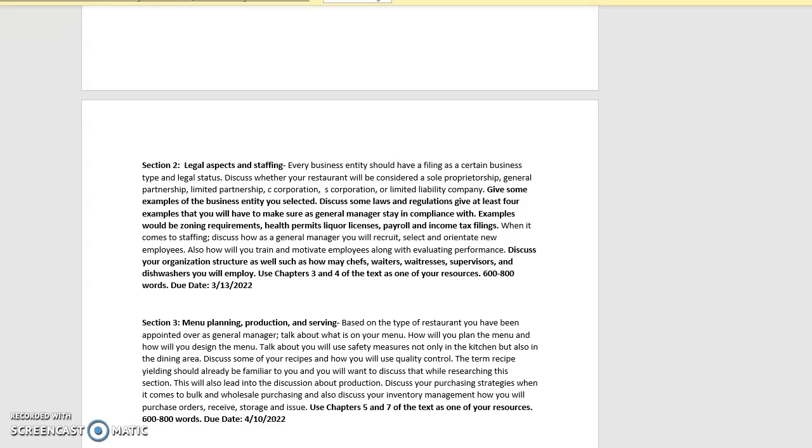So when it comes to staffing, this is the other part of it. Talk about how you, as the general manager, are going to recruit as well as select and orient new employees. So you want to look at the legal aspects as well as the staffing. And you can go back to chapters 3 and 4 of your textbook in order to pull up information.